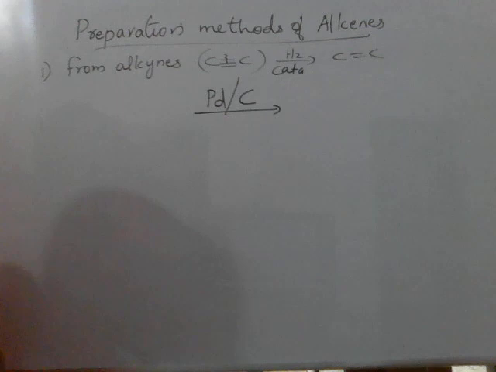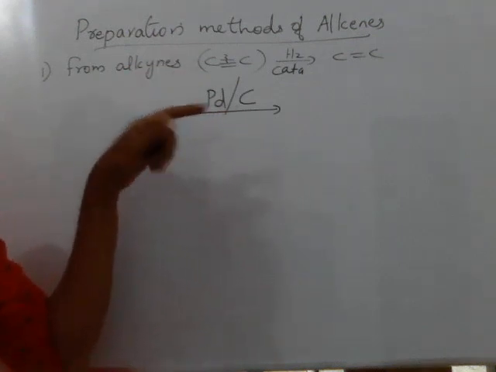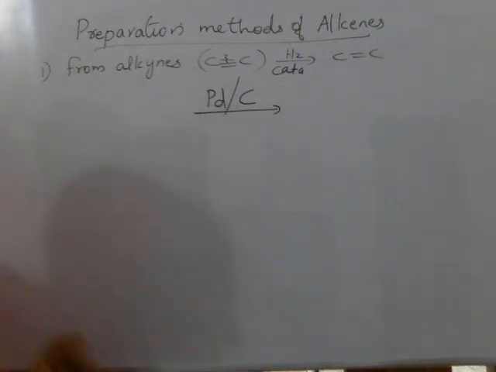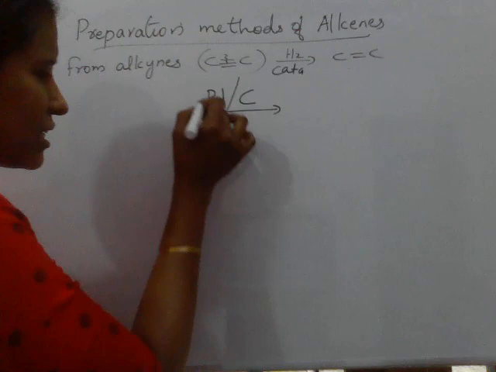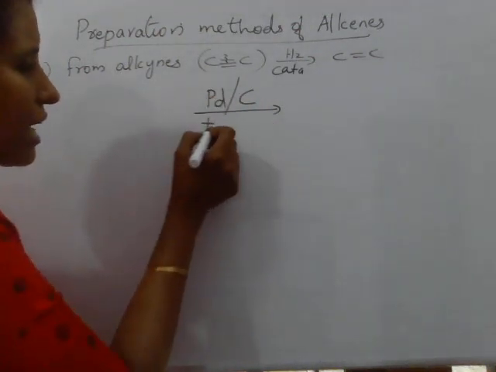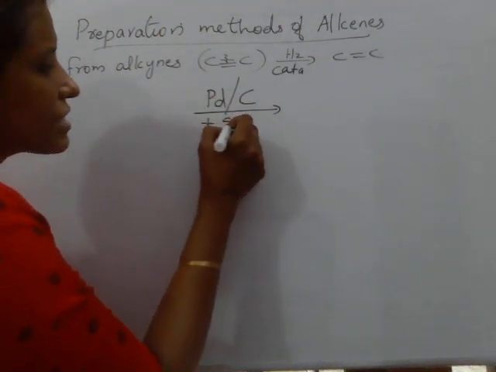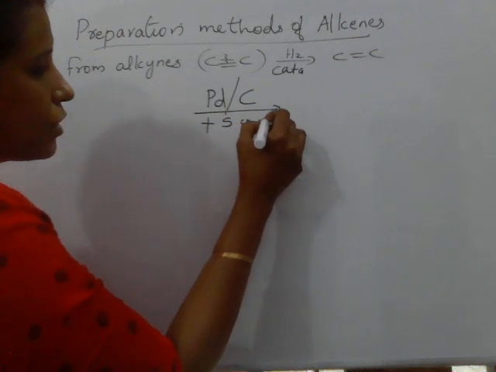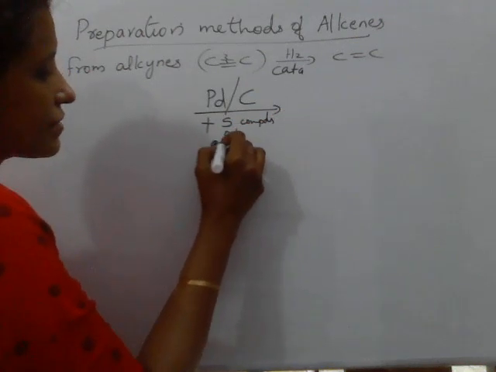The catalytic activity of palladized charcoal has to be reduced by adding some poison substances. Substances which reduce the activity are called poisons. Examples of poisonous substances are sulfur compounds or quinoline. So palladized charcoal is partially deactivated by adding sulfur compounds or quinoline.